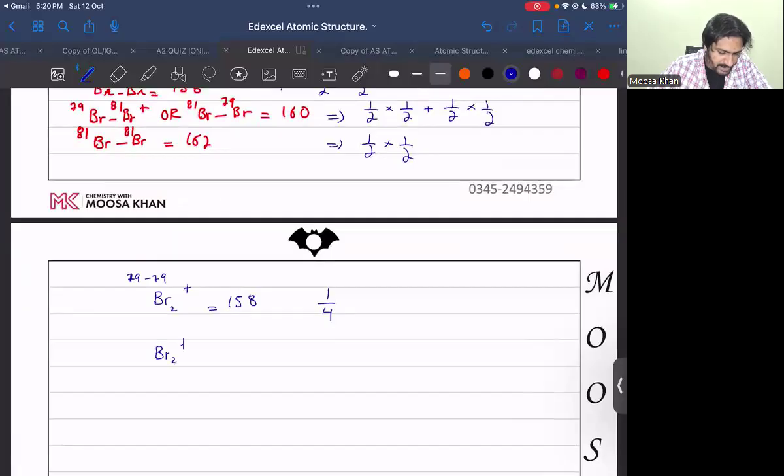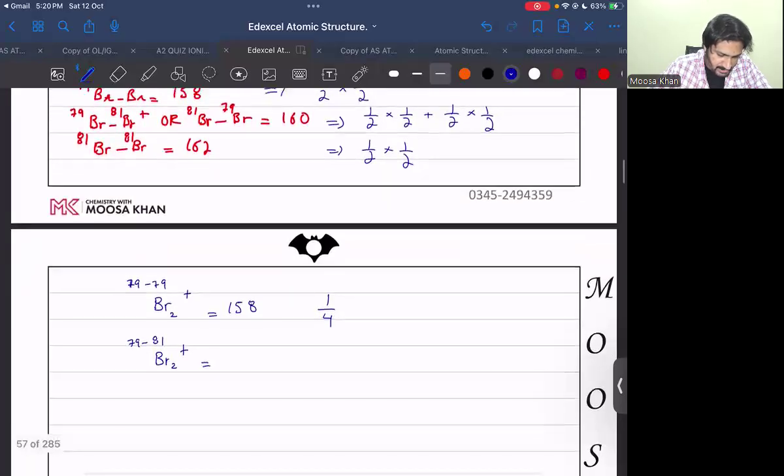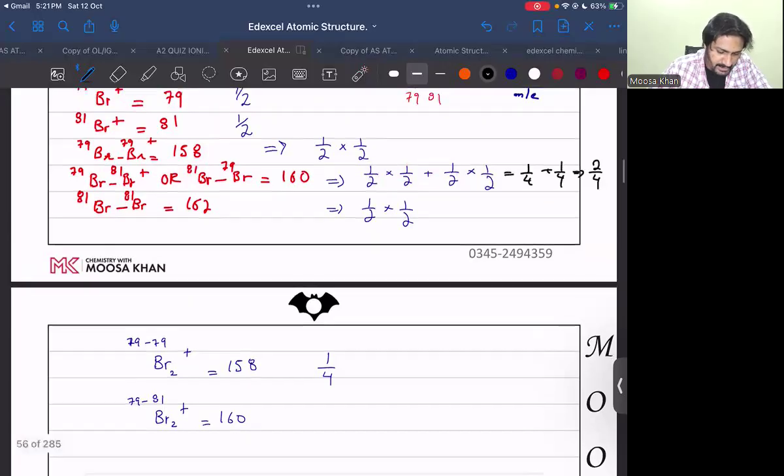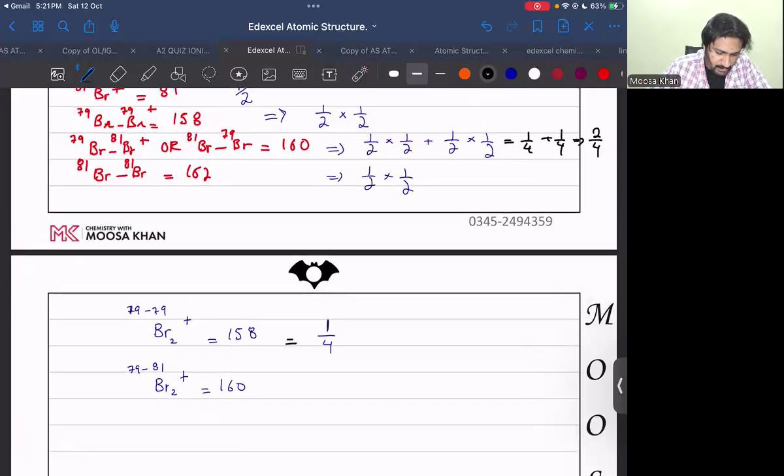For the bromine molecular ion peak where one of the isotopes is 79 and the other is 81, the mass is 160. So if you just solve it, half into half is 1/4 plus half into half is 1/4. It would equal 1/4 plus 1/4, which is 2/4, which is 1/2.